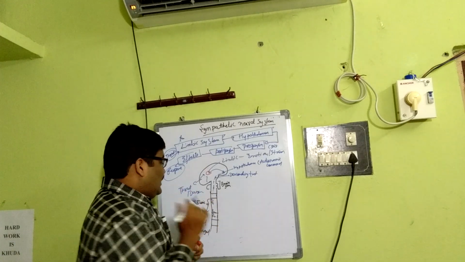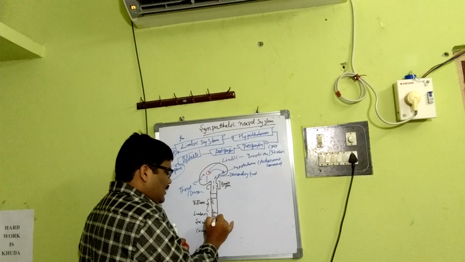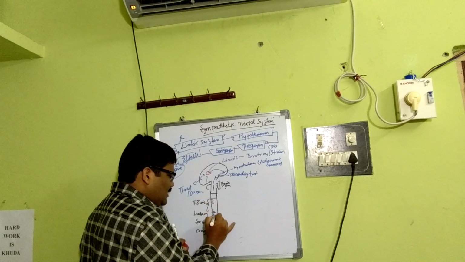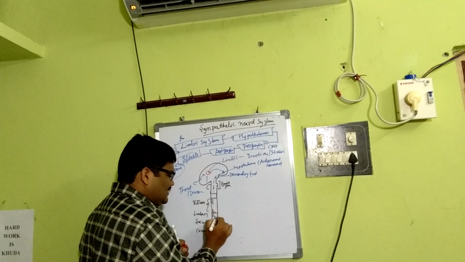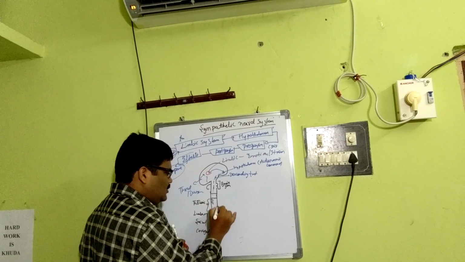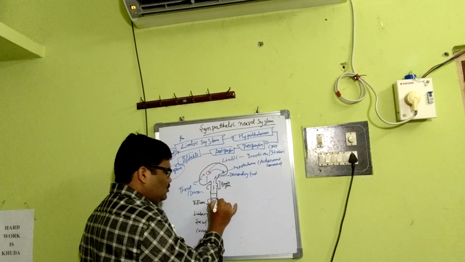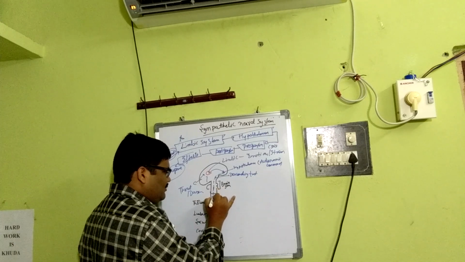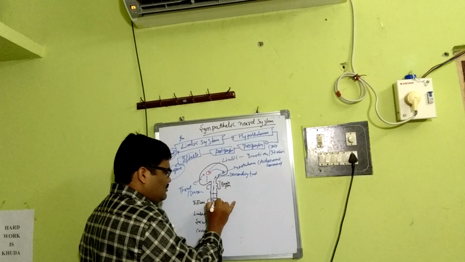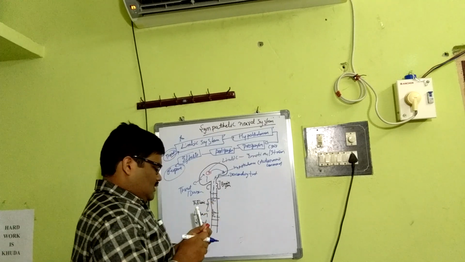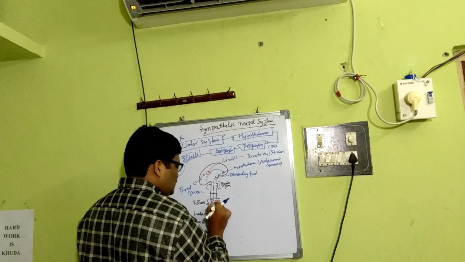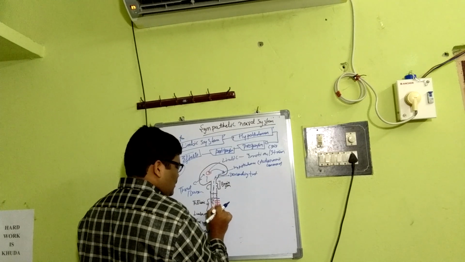That means the entire thoracic, starting from T1 to T12, and lumbar L1, L2, sometimes L3 also, but in general up to L2. That means T1 to L2. These are the stimulating region, and it will come here and stimulate the neurons present here. We have already discussed, they are known as the preganglionic neurons.